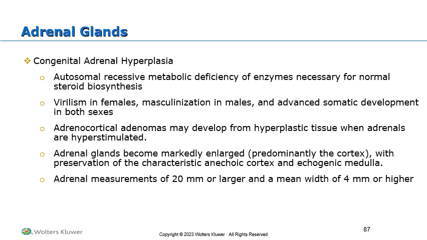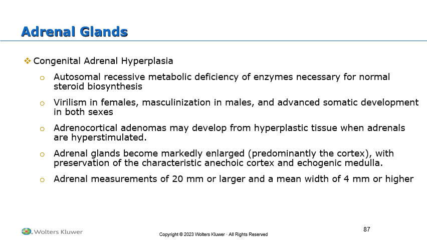Adrenocortical adenomas can develop from hyperplastic tissue when the adrenals are hyperstimulated, usually from some sort of exogenous introduction of hormones. So you're presenting these exogenous hormones, the adrenal cortex gets hyperstimulated, an adenoma develops, and then it produces too many hormones, leading to this excess level of testosterone.